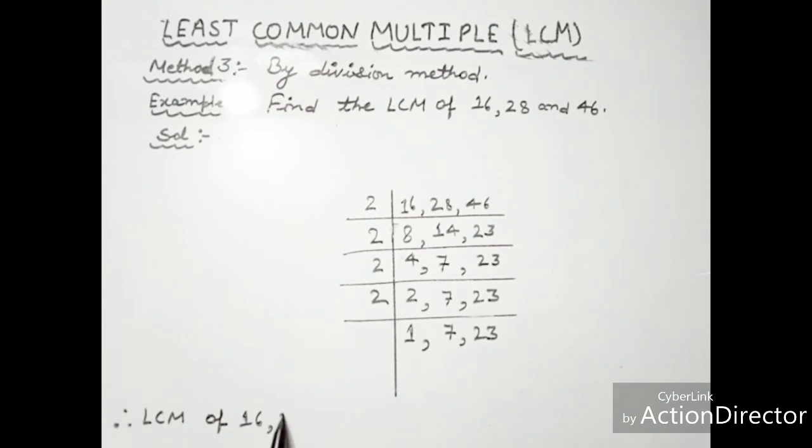16, 28 and 46. So we find the product of the numbers in the left column and the last remainders, 7 and 23. So we write 2 into 2 into 2 into 2 multiply by 7 and 23.